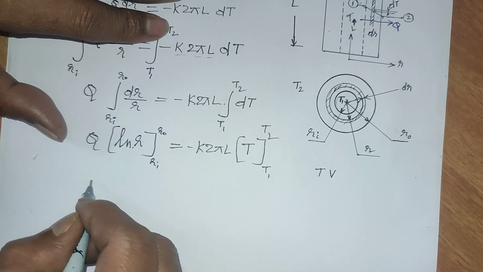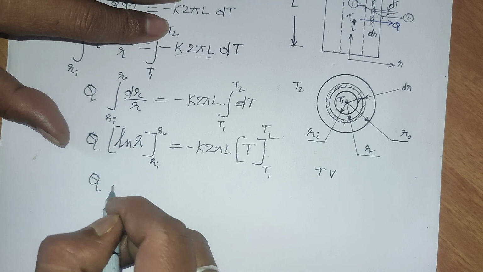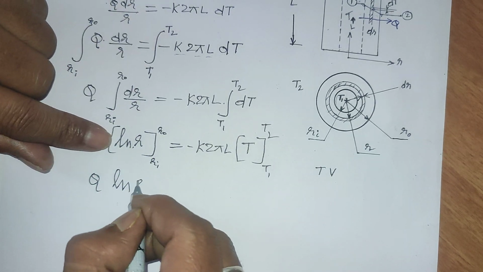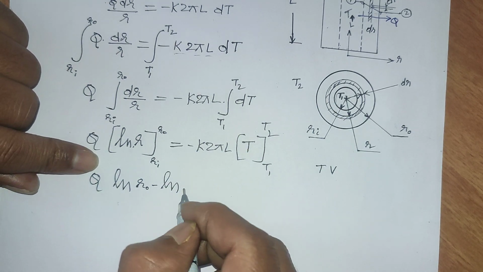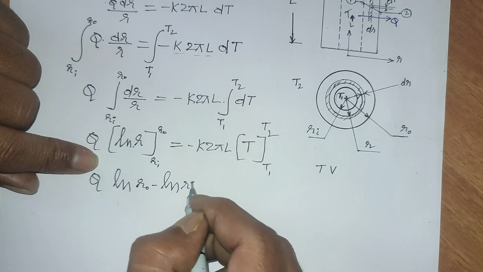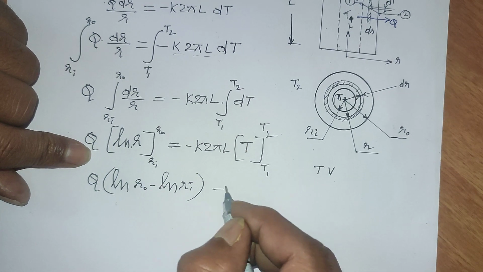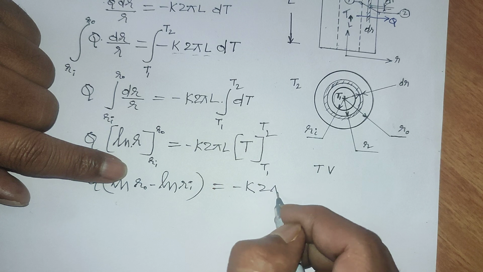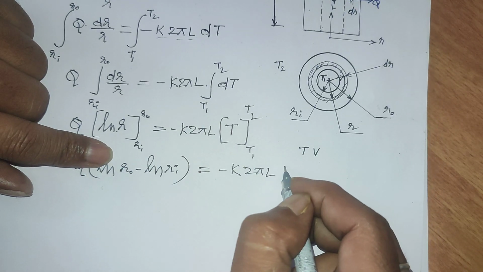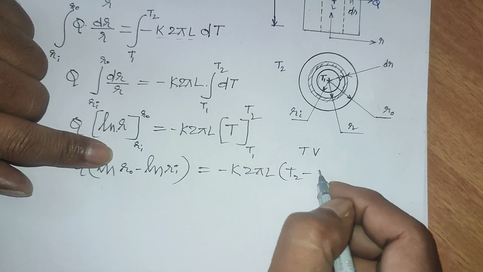Then substitute the value: Q into ln r naught minus ln ri is equivalent to minus k 2 pi L into T2 minus T1.